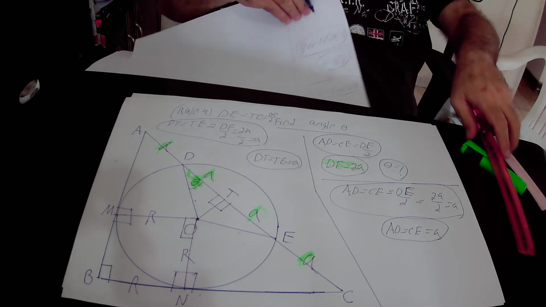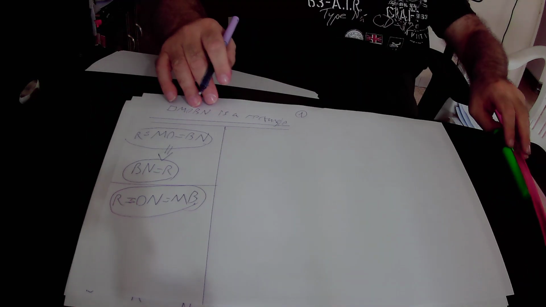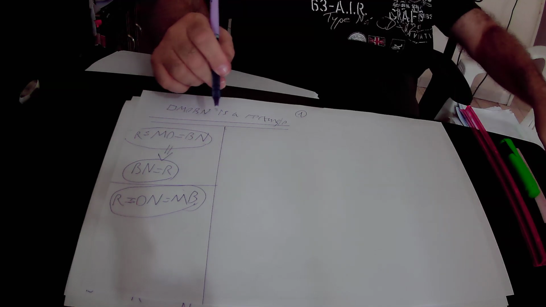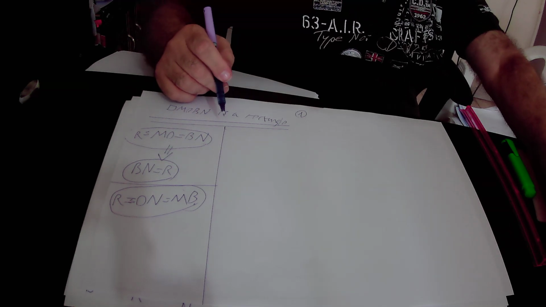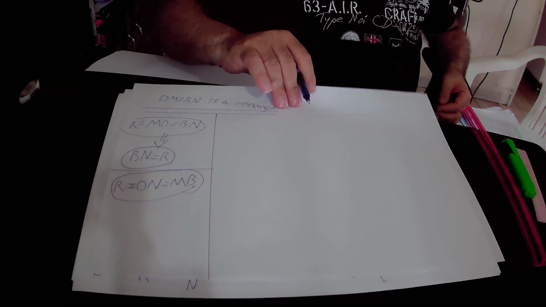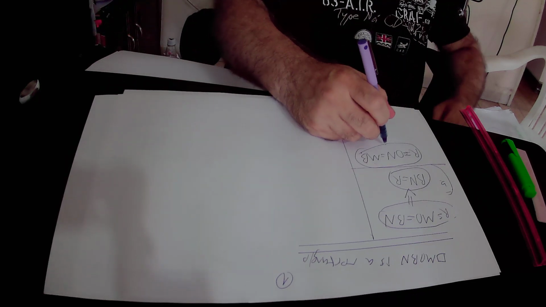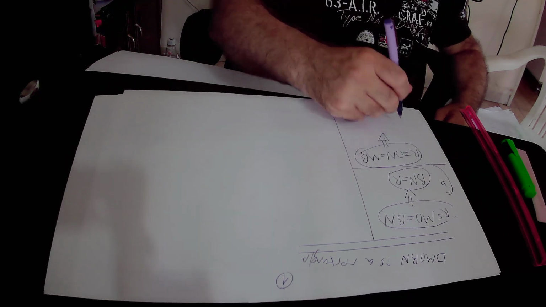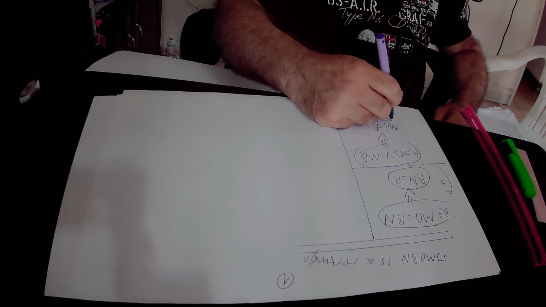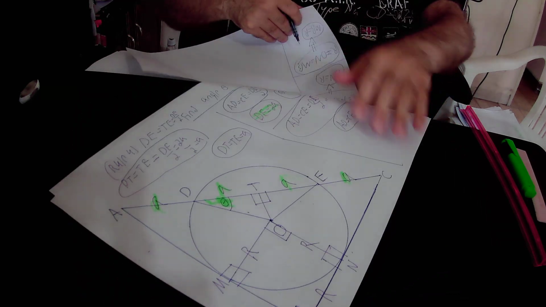And from this equation, R equals ON equals MB, we derive that MB is also equal to R. MB equals R.